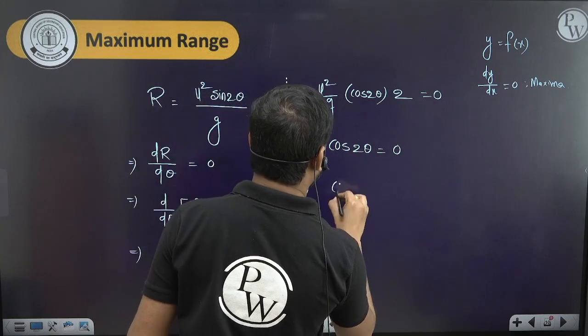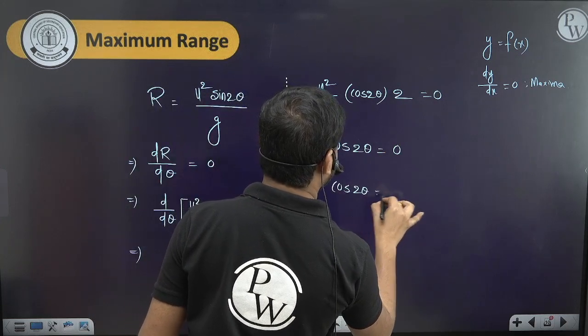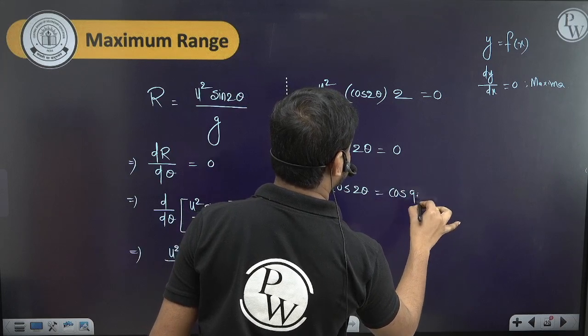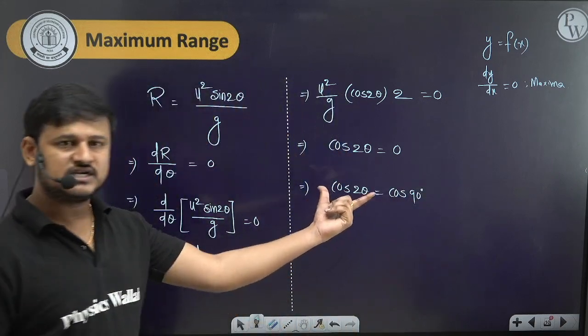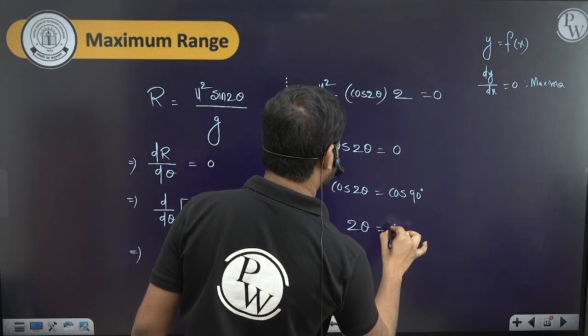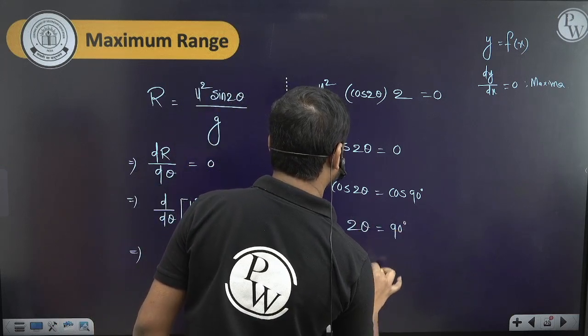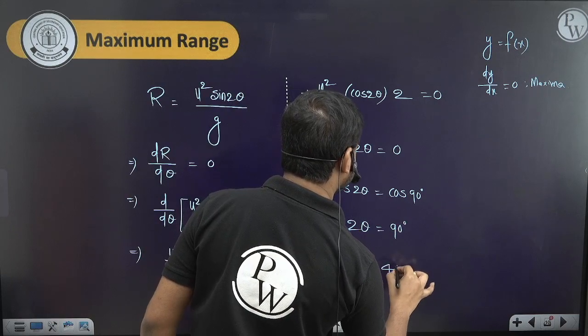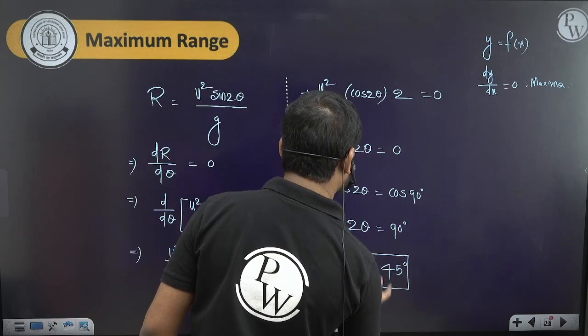So cos 2 theta must be equal to cos 90 degrees. So from here I can write 2 theta is equal to 90 degrees. So theta is equal to 45 degrees. Yes or no?